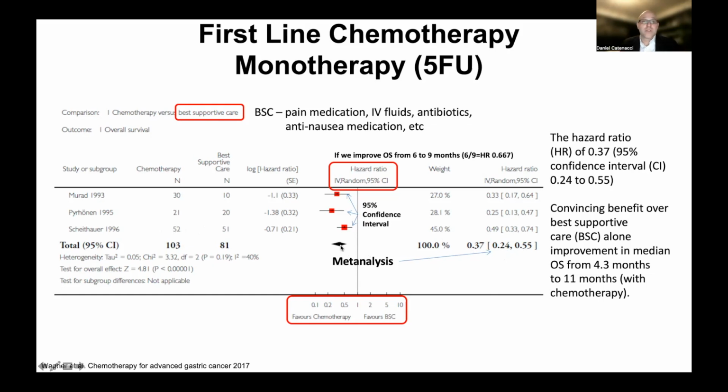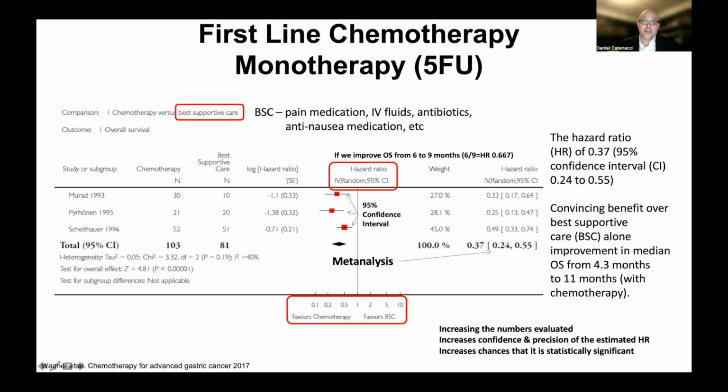And so this analysis, amongst many, looked at whether monotherapy chemotherapy compared to best supportive care was beneficial. And you can see that it was, and that in this particular analysis, the median survival of best supportive care was 4.3 months, and it was increased to 11 months with single agent monotherapy chemotherapy, which became a standard of care.